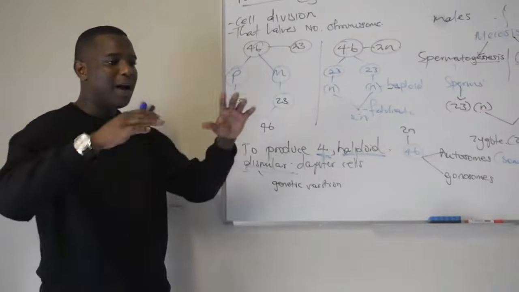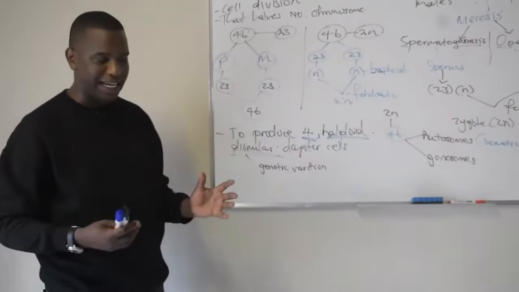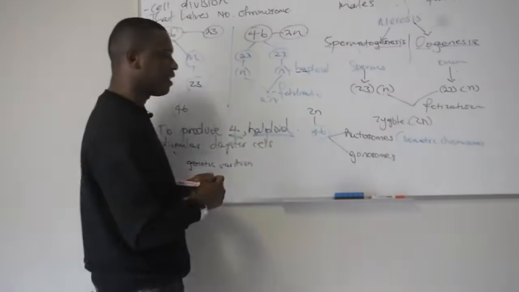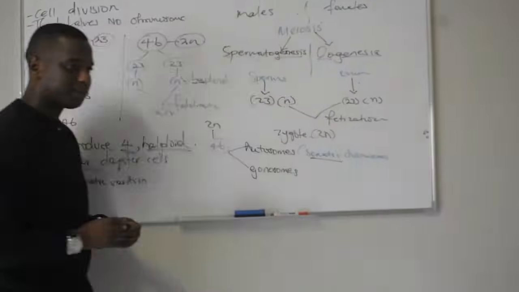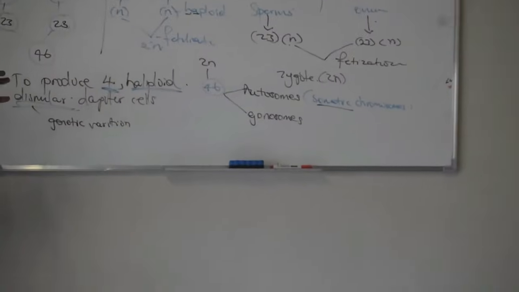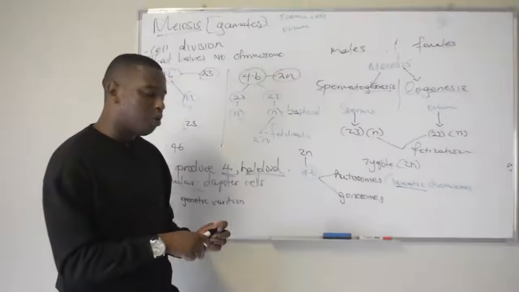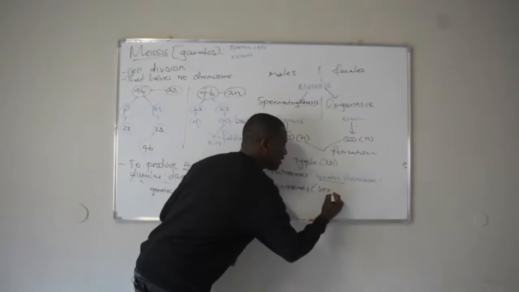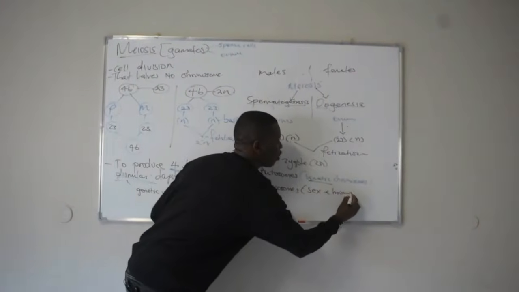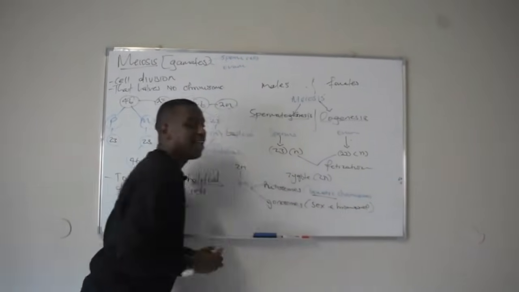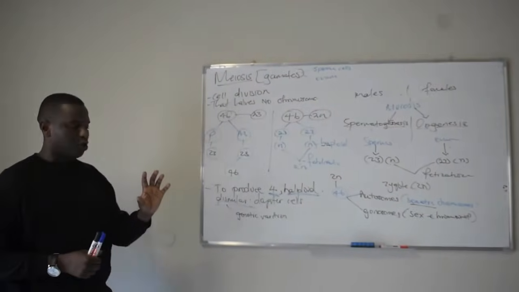They are body chromosomes. The word somatic refers to the body. Right. And then we continue. What are gonosomes? Gonosomes are sex chromosomes. Right. These are now sex chromosomes.